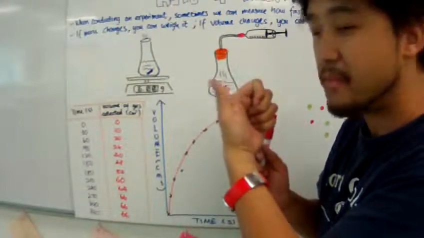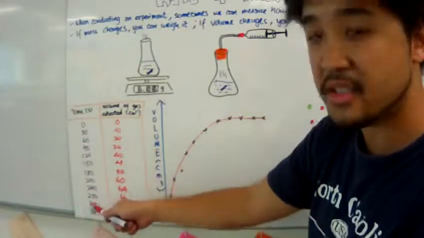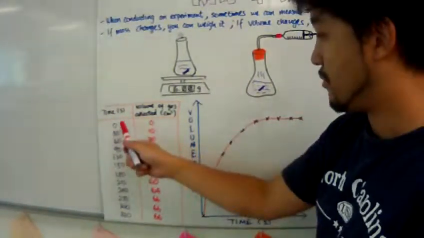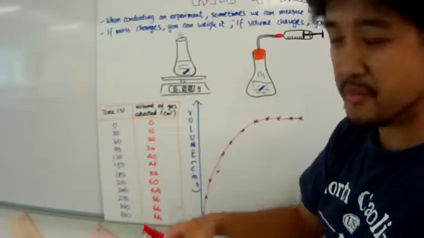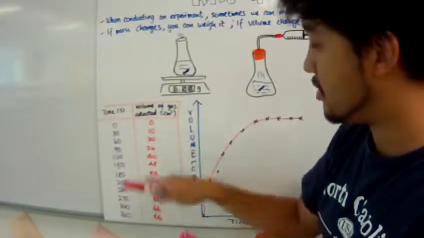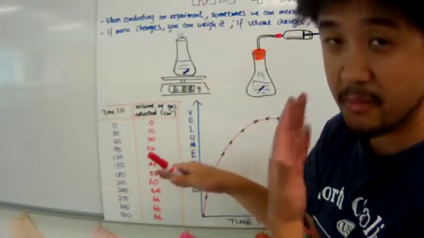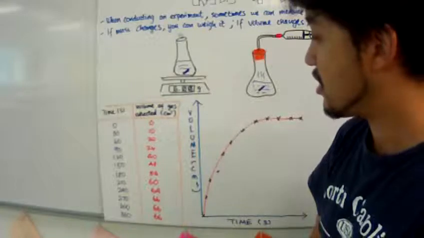very discrete time intervals. And when you collect all your data, you can plot them in this table down here. You can see this table here, from time 0 all the way to whatever. Here, I'm just making things up, in 30-second time intervals. And the volume, I made this up as well, actually copied from the book, the volumes of gas collected.